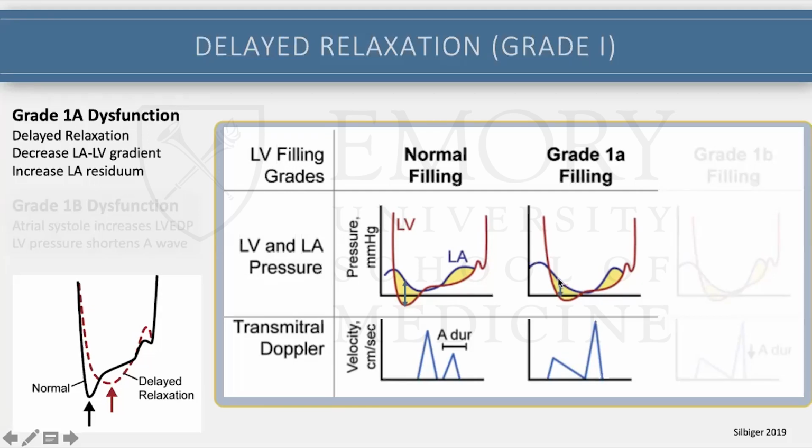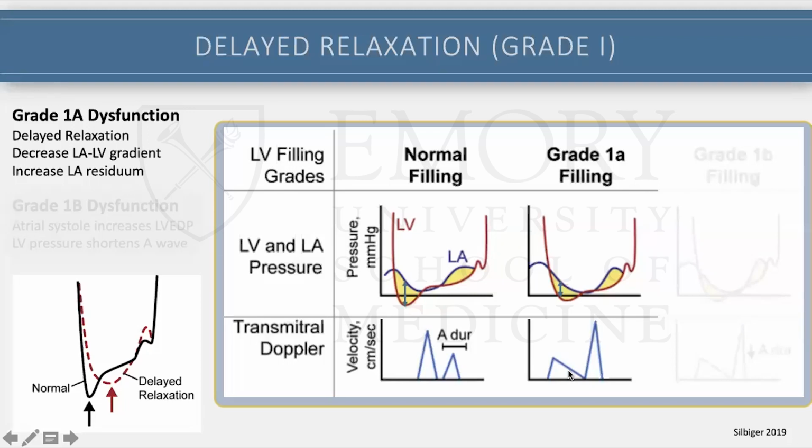So not only does it shorten this difference, the delta, but it also lengthens the period over which this happens. When we look at the E wave on a transmitral Doppler flow, that's going to make the gradient less, so flow less and velocity less. That creates a lower-velocity E wave, but also a longer E wave. So you have a prolonged period as well as a smaller wave.